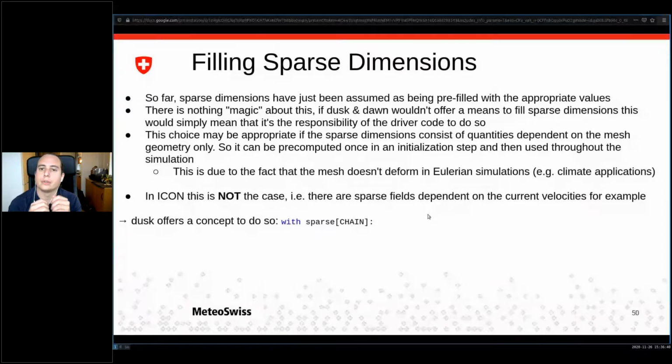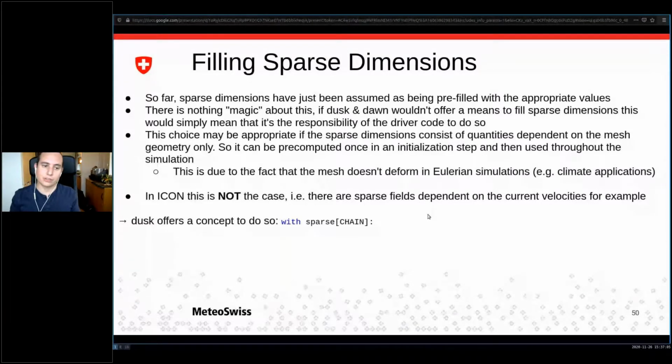If you have sparse dimensions which only depend on the geometry, you could say that this is the responsibility of the meshing library, and belongs under the hood. However, if we have sparse dimensions which, for example, are different in each time step, then we could not cop out here, and we would need to offer a concept within Dusk to manipulate and fill a sparse dimension.